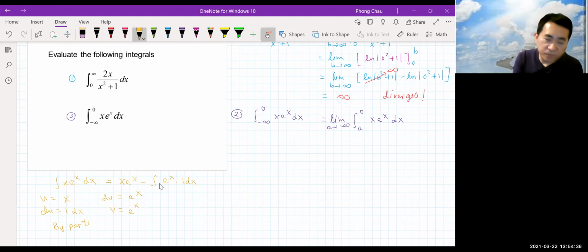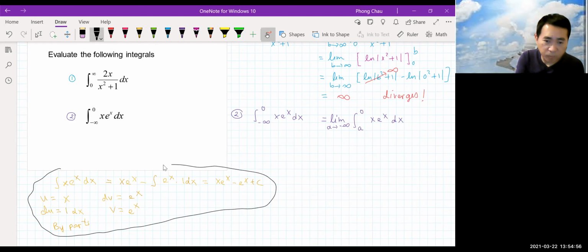But the antiderivative of e to the x is e to the x, right? It doesn't change. So it turned out to be x e to the x minus e to the x plus c. This part I'm doing on the side to figure out the antiderivative of x e to the x.